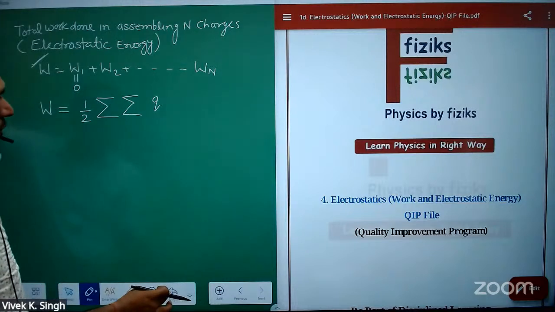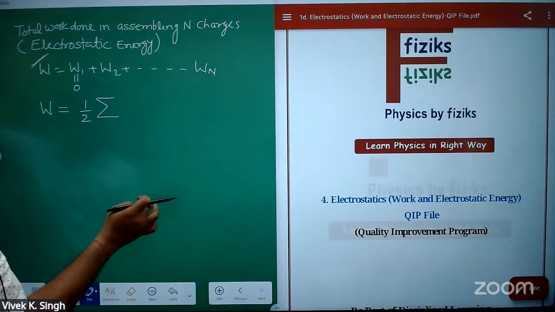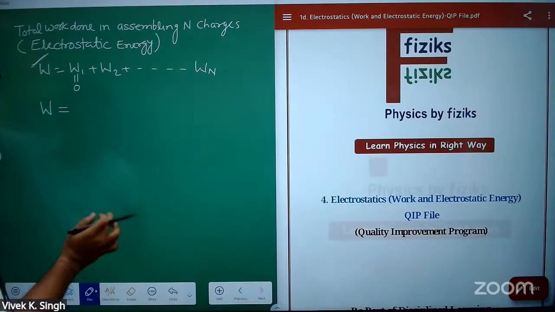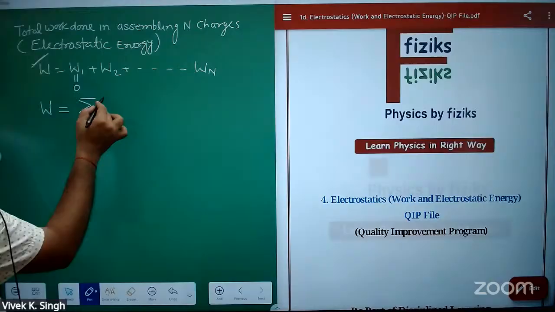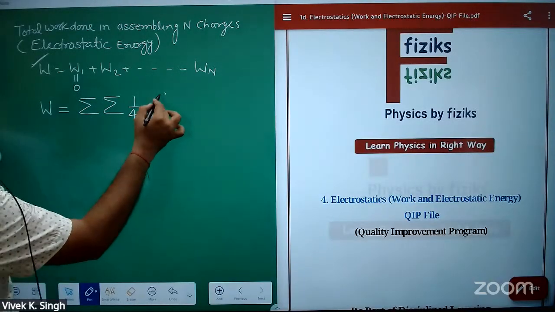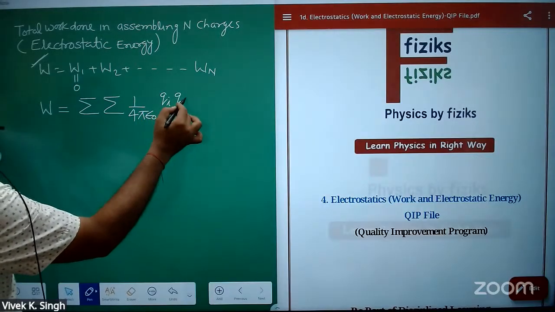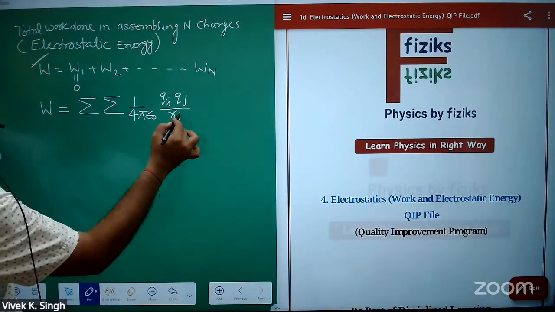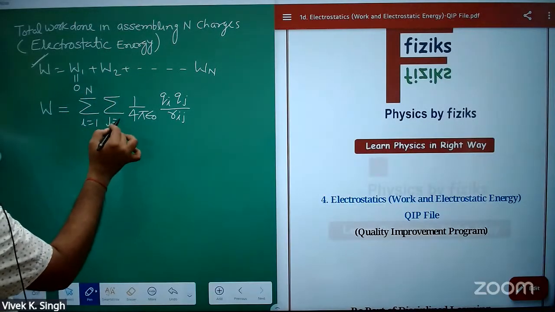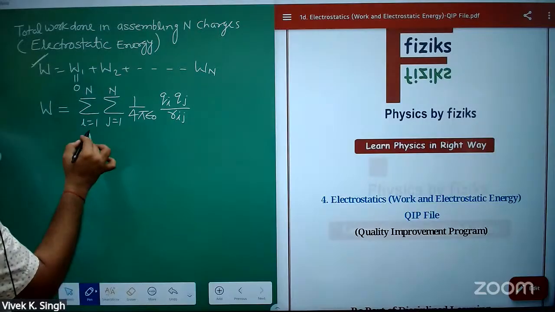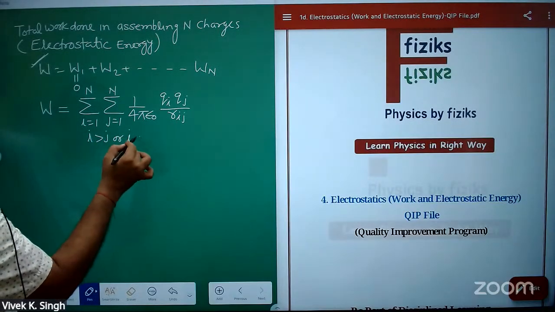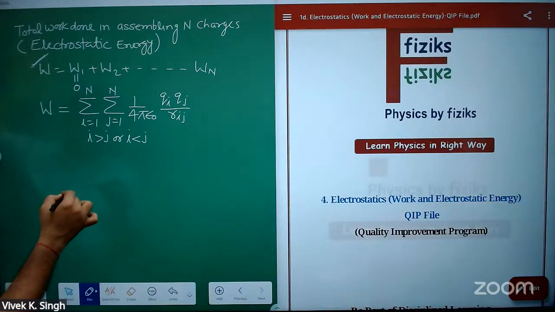Let's write in this form. This will be given by 1 by 4 pi epsilon naught, Qi Qj by Rij, with i from 1 to n and j from 1 to n. Here i greater than j or i less than j, both conditions are allowed.